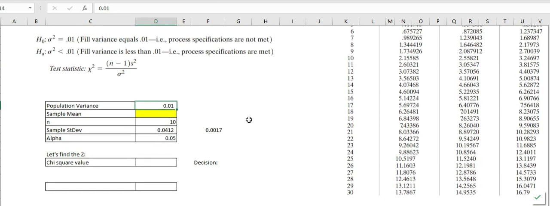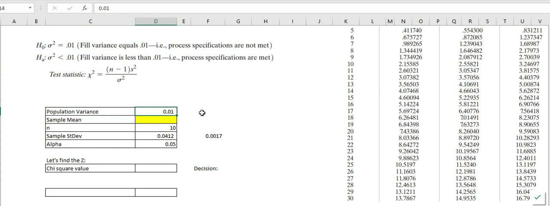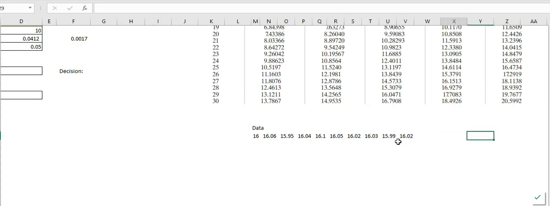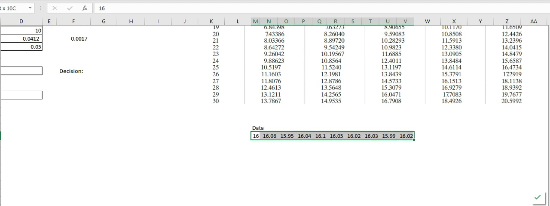This is the population variance. This is already in variance form. And we have 10 samples. The 10 samples are here. This is the sample data. We'll put some fences to show the different data.